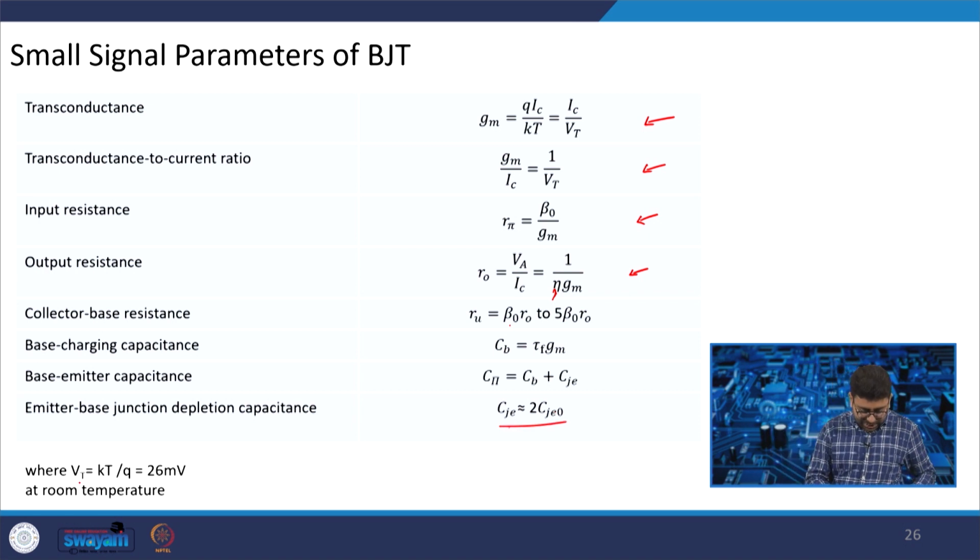Here VT is nothing but kT by q, 26 millivolts. If you are interested in the detail of all these equations, references are given at the end of the slide. You can go to the references for more detail.